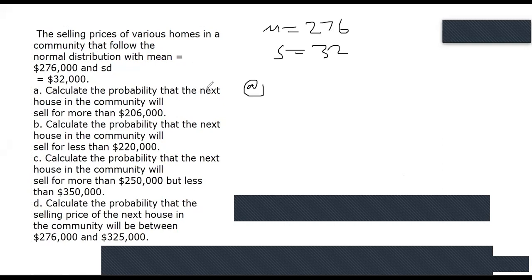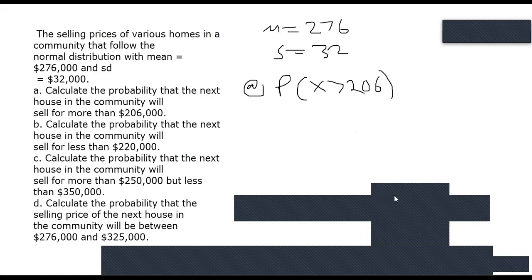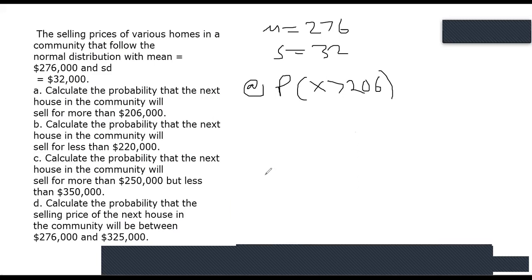The probability that the next house in the community will sell for more than 206. So what are they asking for? X is greater than what? 206. Can somebody help illustrate? Using a number line, our mean, 276, is in the middle. 206 is smaller, so it goes on the left side.